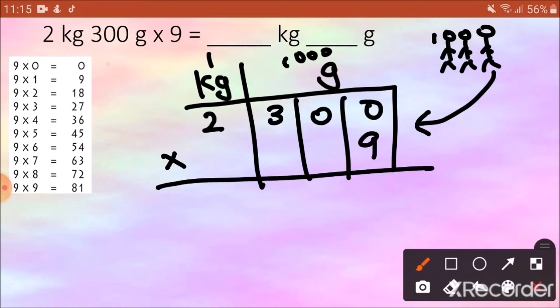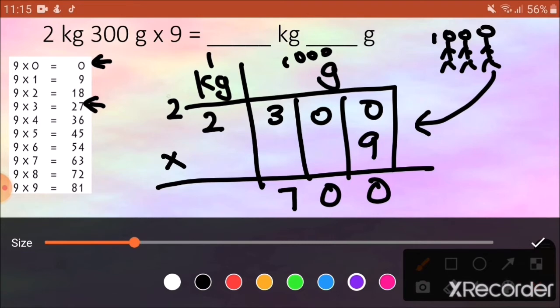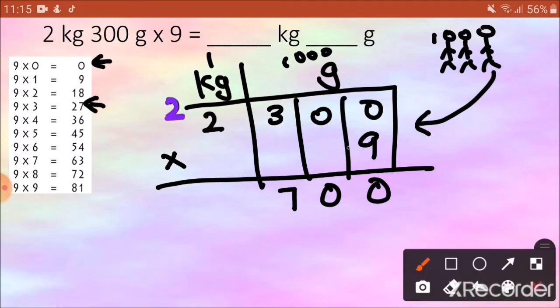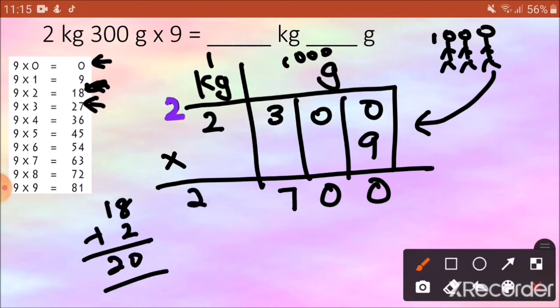Look here, 0 times 9 is 0. Same. Then 9 times 3 is 27. 7, then we bring the 2 here. Let me use another color so that you can see more clearly. 9 times 2 is 18. 18 plus 2 is 20.